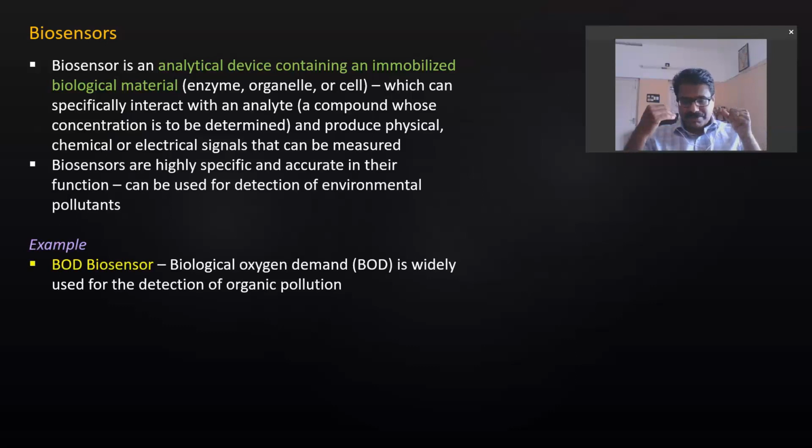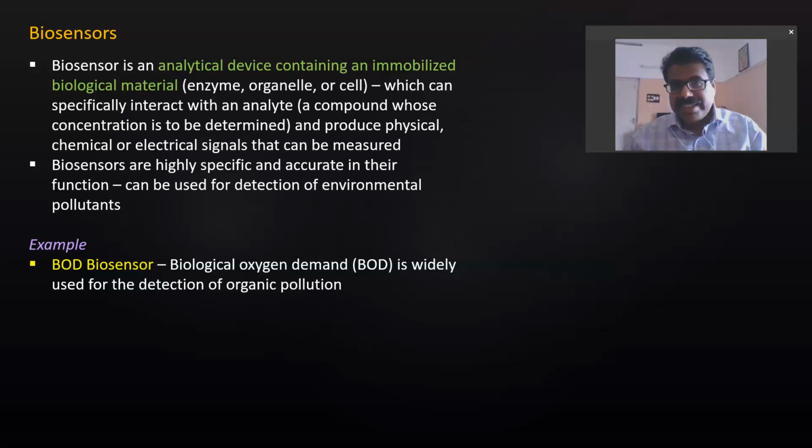The most commonly used example of a biosensor is the BOD biosensor. BOD is biological oxygen demand. Biological oxygen demand assesses how much pollutant is there in water, so we can easily detect aquatic pollution using it.